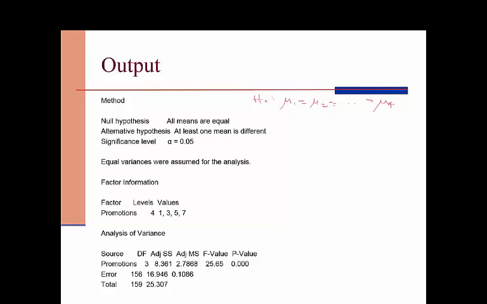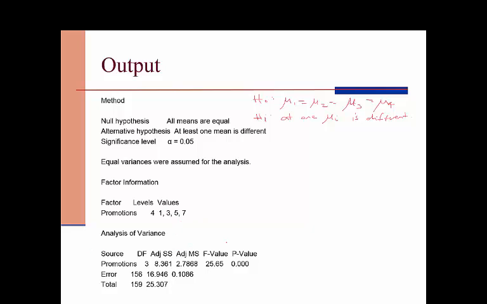So mu1 equals mu2 equals mu3 equals mu4. And H1 is that at least one mu i is different. All right, it tells you alpha of 0.05, tells you that the factor is promotions, and there are 4 different levels, and those levels are 1, 3, 5, and 7.